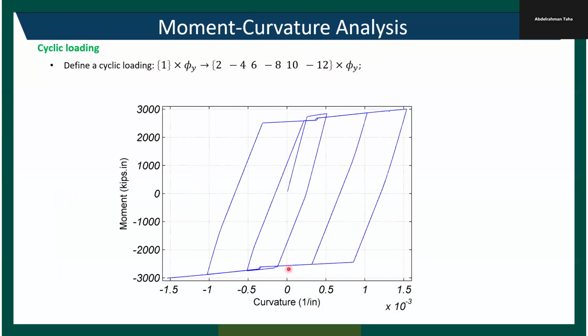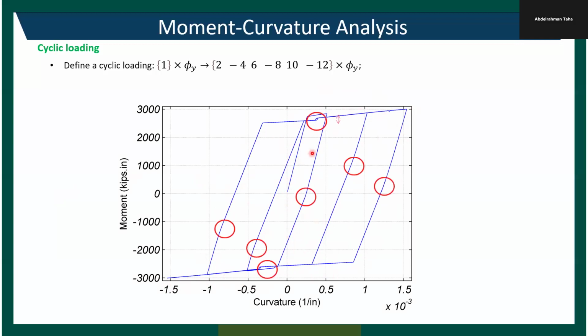And so that would be the curve that we expect to have. So here, this is at twice, and then negative four brings us to this point. Six times in the positive direction brings us to this point, and then negative eight, and then 10, and then finally negative 12.